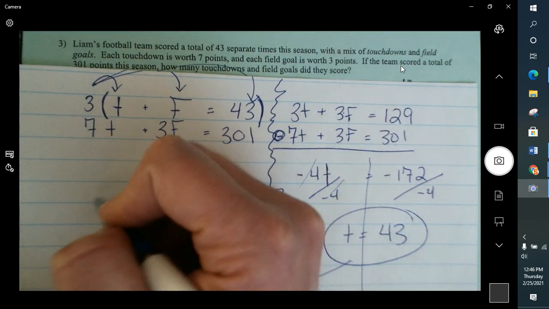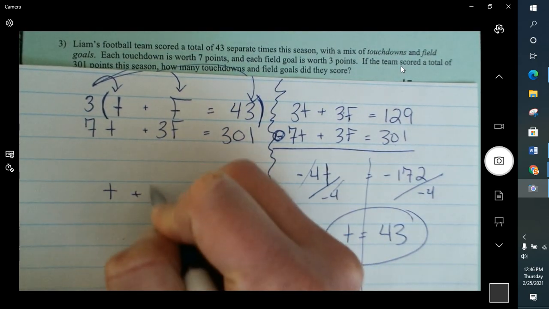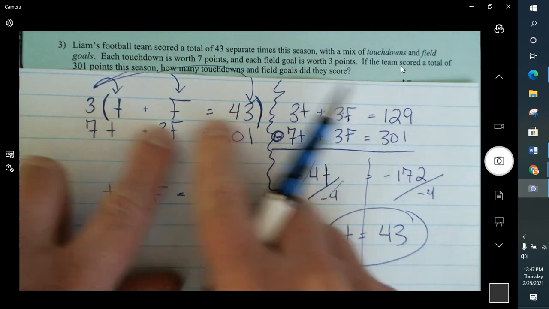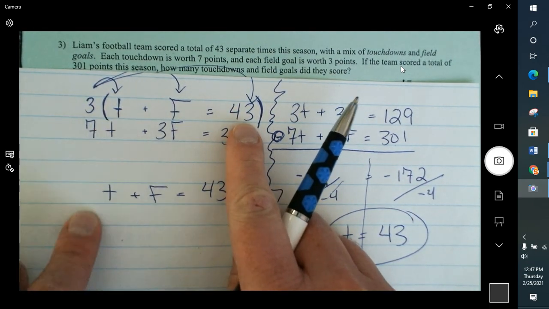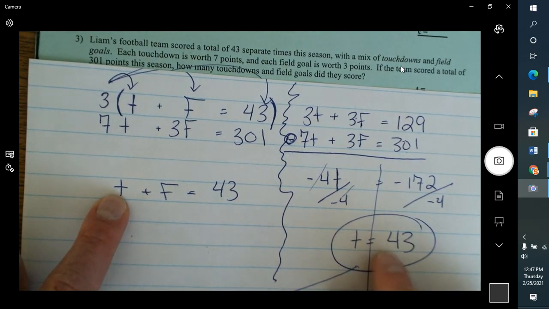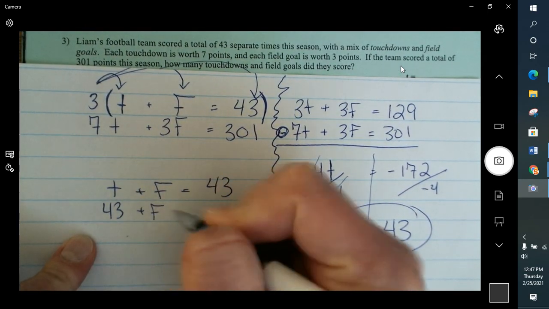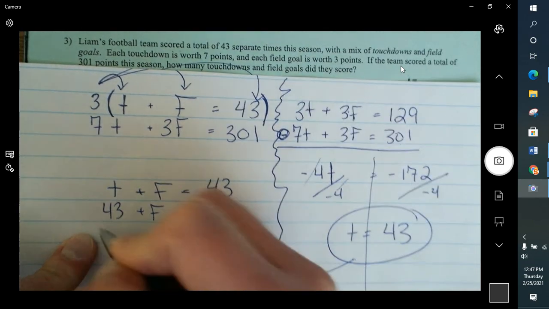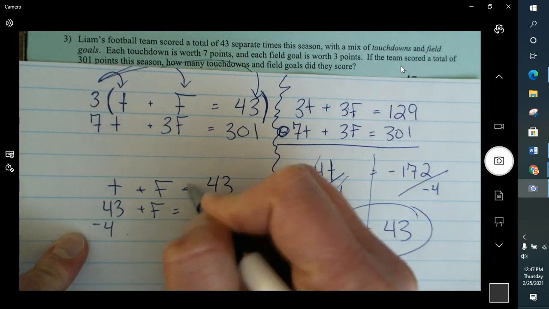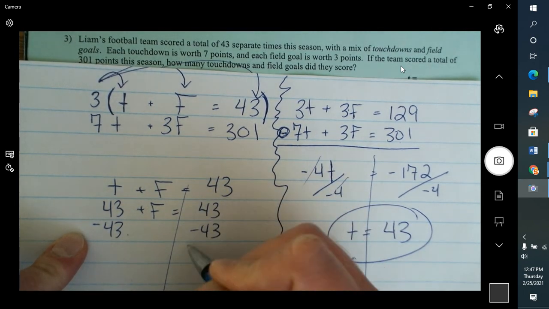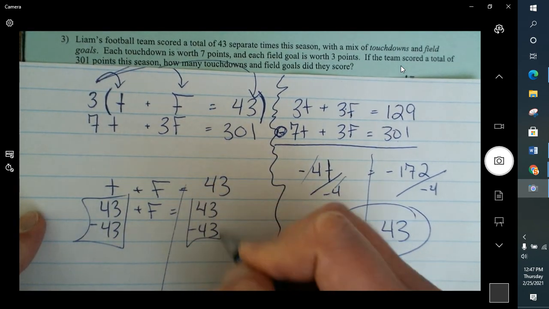This one is pretty weird, but I just took my original equation on top because that's the simplest one to work with. Instead of my variable T, now I'm going to replace it with 43. Then to get F by itself, subtract 43 from each side, and we actually end up zeroing out.